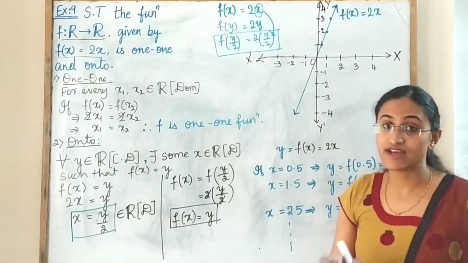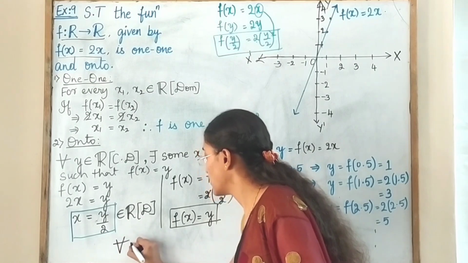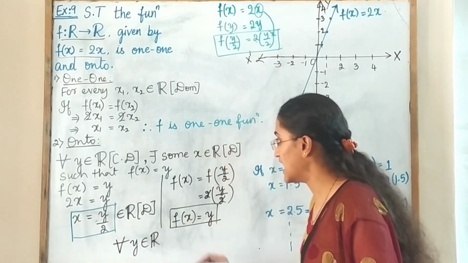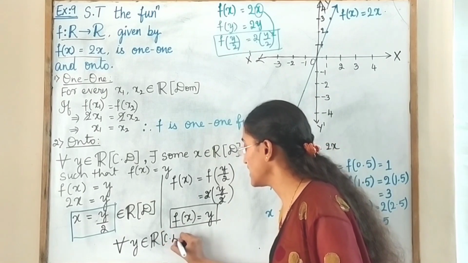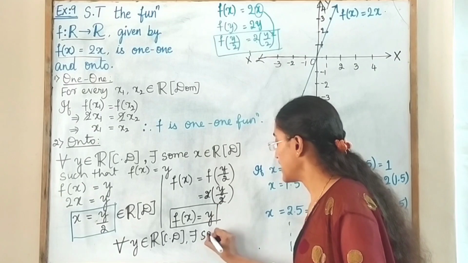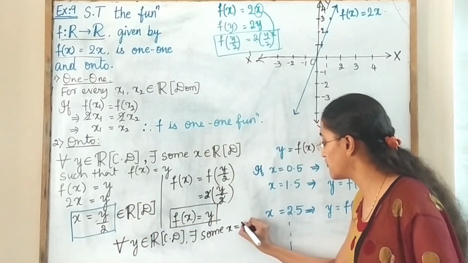And therefore you can now conclude that for every y which belongs to real numbers R, that is in the codomain, there exists some x, which is equal to, what is the x value that we have found?